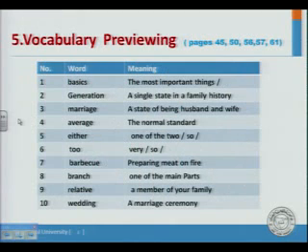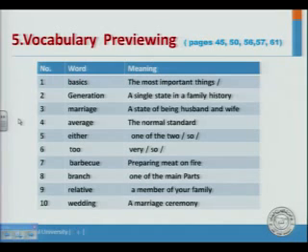The first one is just to preview the most important words that I collected from your chapters 3 and 4. So, to save time for you and to help you see where those words come from, I wrote the page numbers from the yellow book, which is Interactions Access, in chapters 3 and 4.